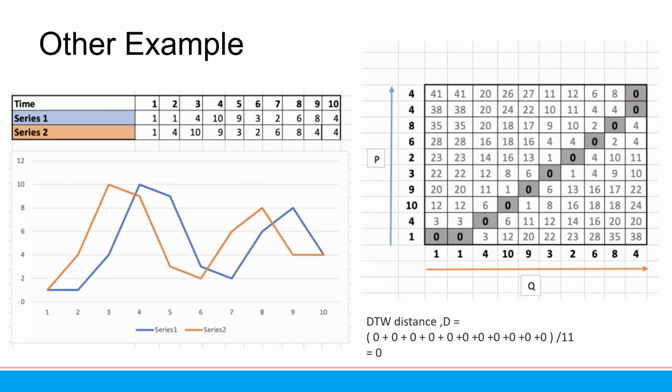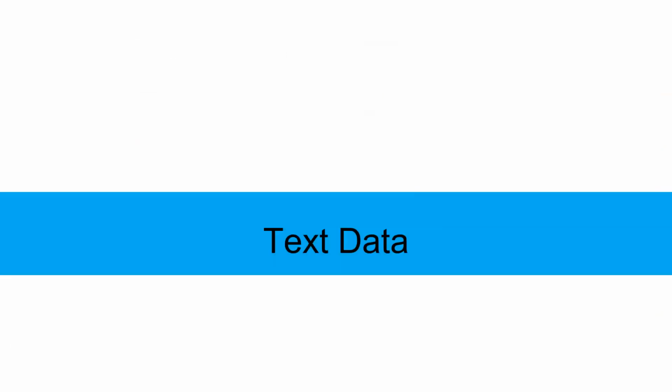Of course, it will be more complex, but this one is the basic DTW with one time period. Okay, that's about the time series. Actually, there are still many more things that we can learn, but let me just give you a brief explanation about the time series.